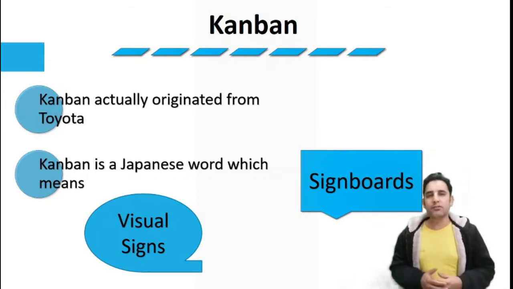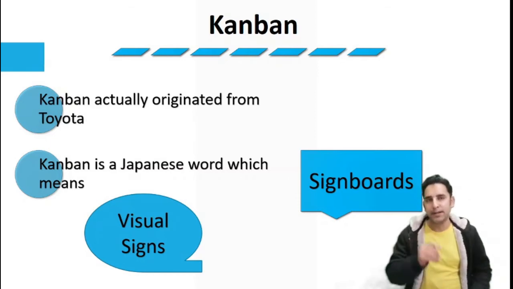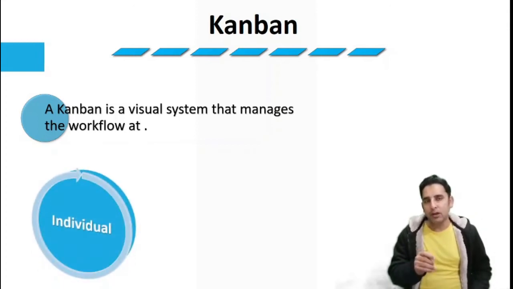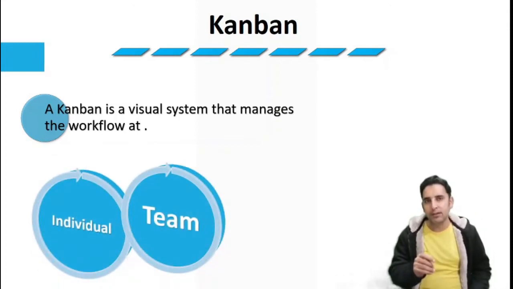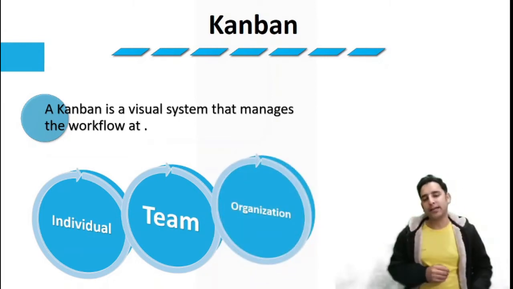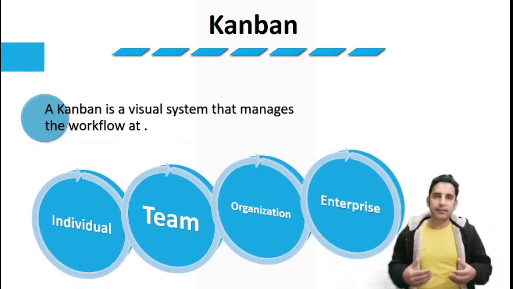So let's move forward and try to understand Kanban on a better level. Kanban is a visual management system that manages the workflow at different levels. It has the capacity to manage your workflow at an individual level, or at a team level, or at an organization level, or one step above the organization, which is the enterprise level.